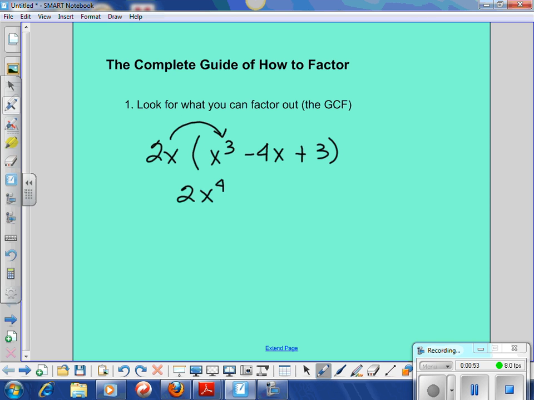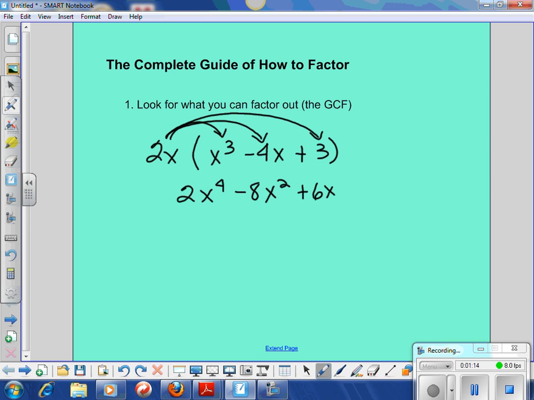Now, 2 times negative 4, our next term, is negative 8, and x times x is x squared. Now, for the third term, 2 times 3 is positive 6, and the x from the 2x. So this is it when you distribute the 2x.